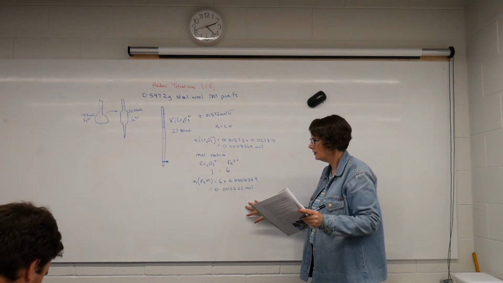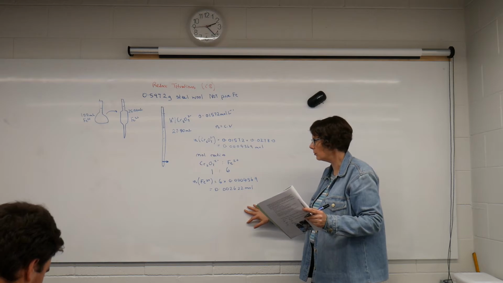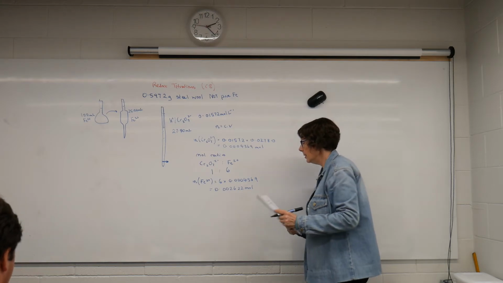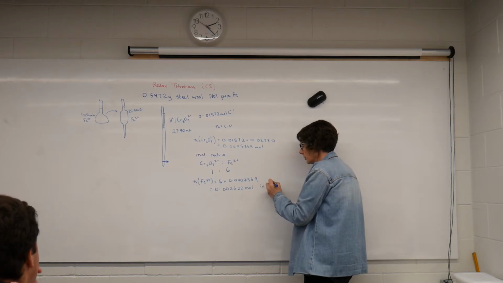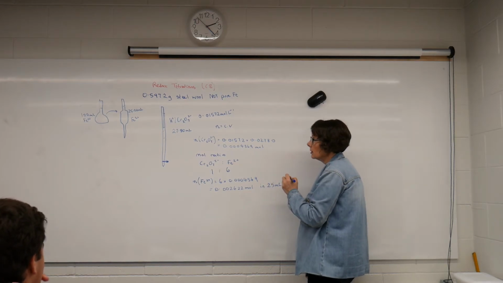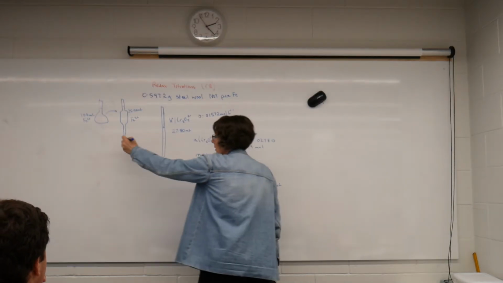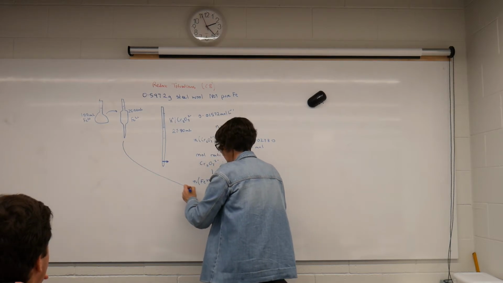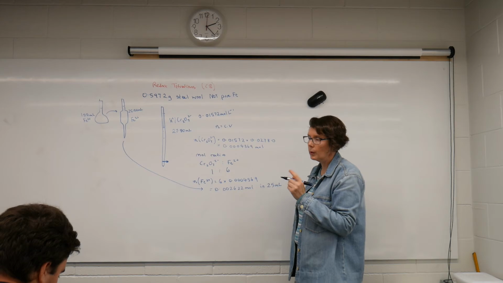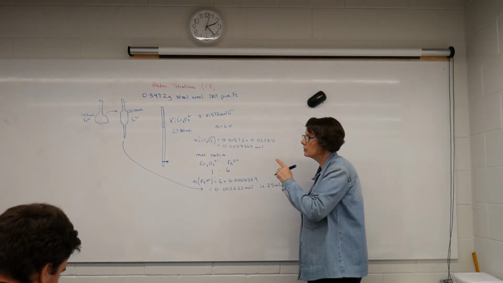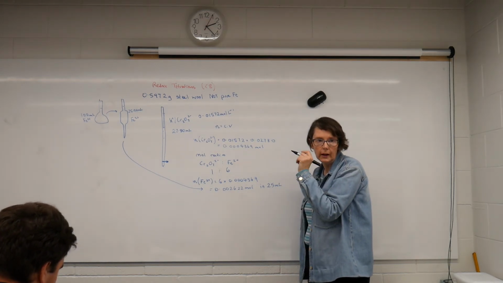There's a couple of different ways we can work from here. But this is the moles in 25 mils. Remember, that's what we were actually titrating. But we're going to need to know the moles in the whole sample.